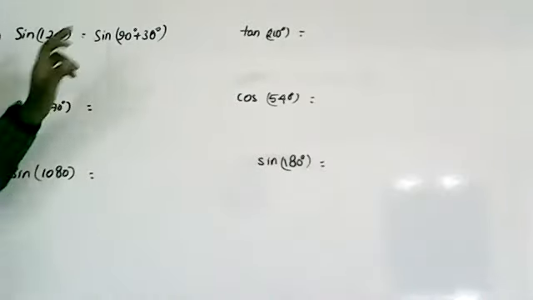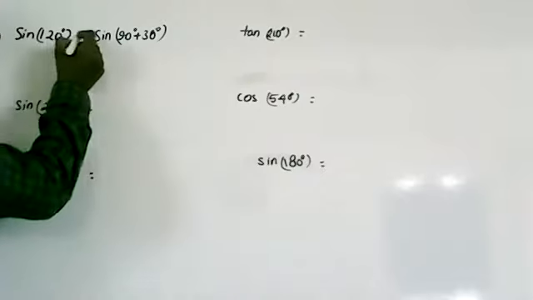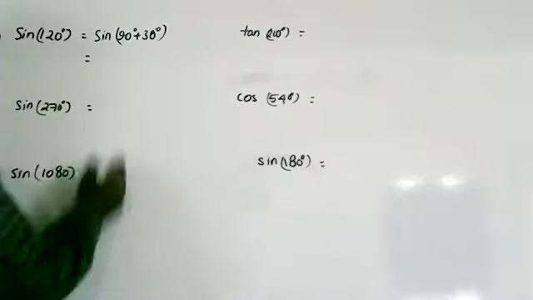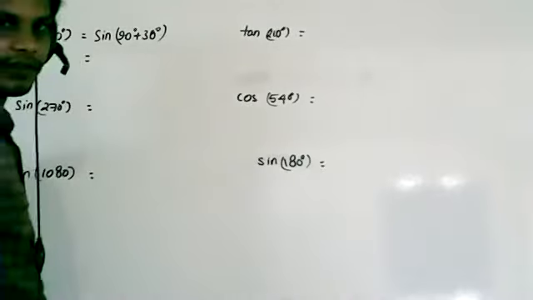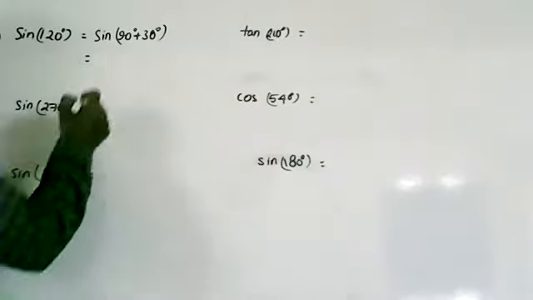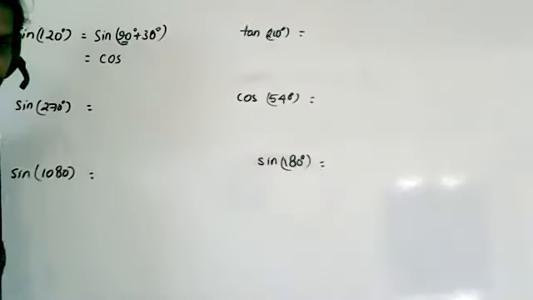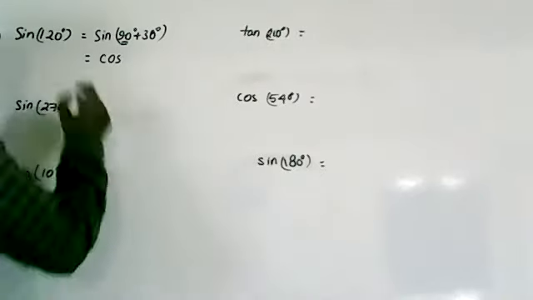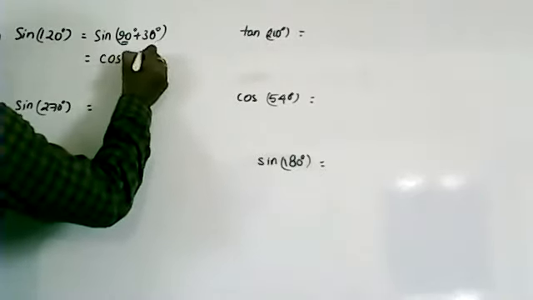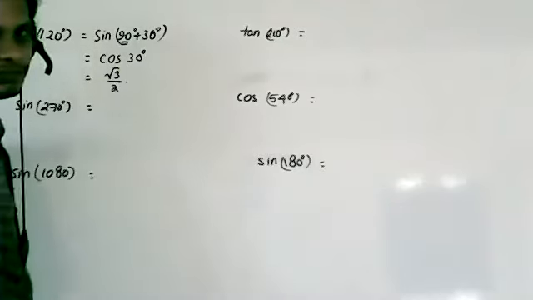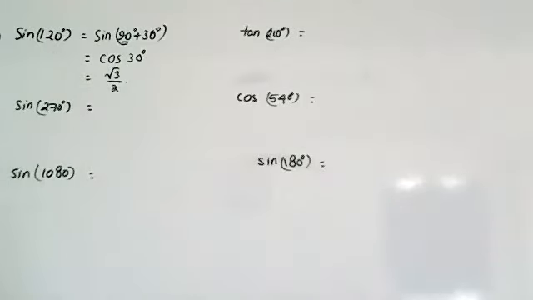So sine 90 plus 30 means second quadrant. In the second quadrant, sine is positive. The parent function is 90, so sine will turn into cos. Therefore, it is cos 30. Now what is the cos 30 value? Root 3 by 2.